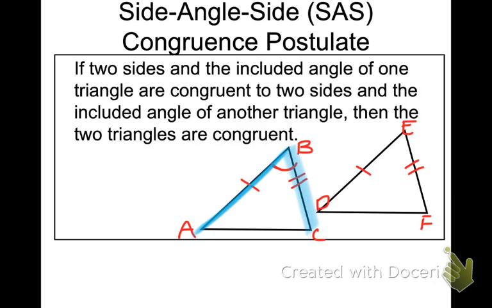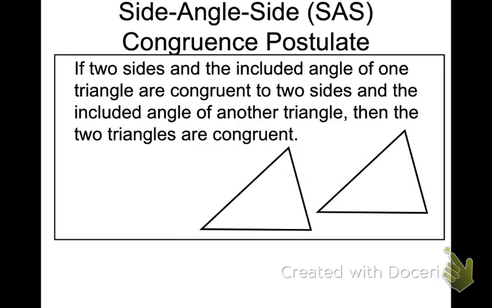So that's the included angle, which would then match up with angle E on the other side. Notice that DE and FE create angle E. Okay, so you have that.